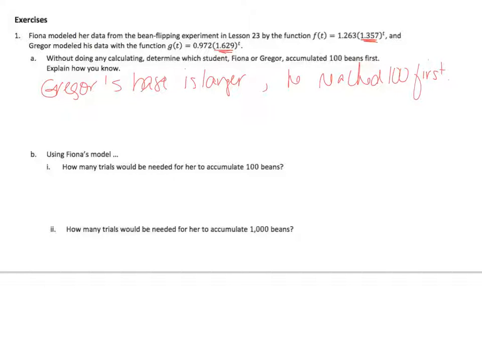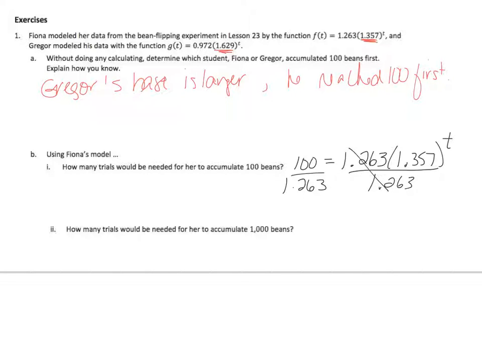So using Fiona's model, how many trials would be needed to accumulate 100 buttons? If I just use her model, I'm going to plug in 100 equals 1.263 times 1.357 to the t. Now, I'm not going to take the log of both sides yet. I want to divide both sides by 1.263. I didn't leave myself enough room, did I? Bummer.